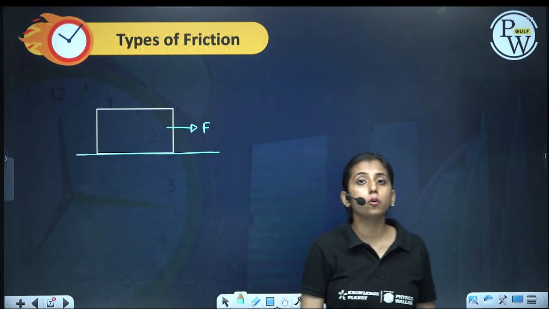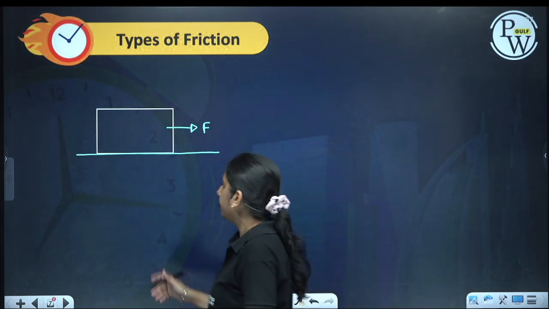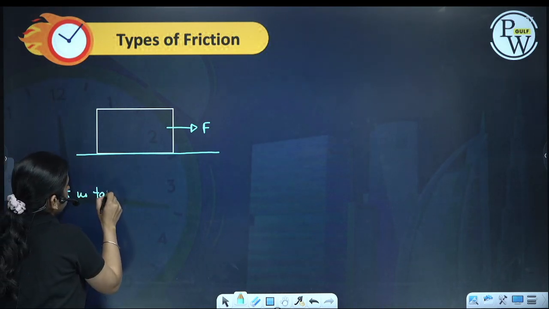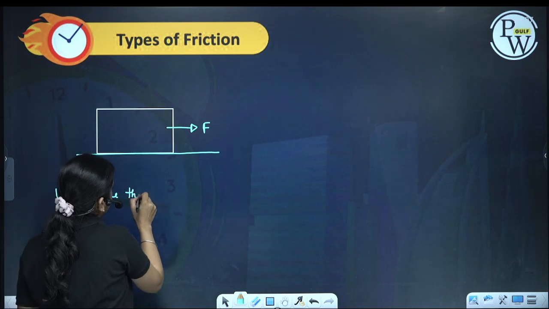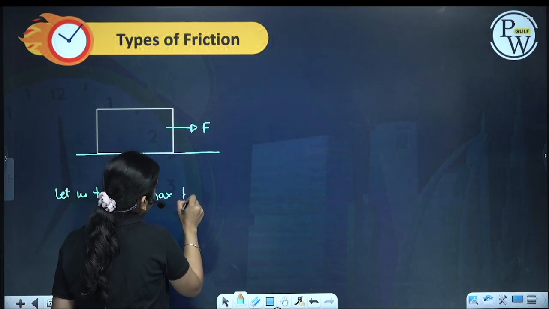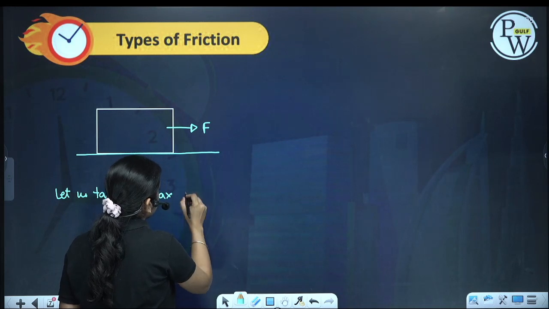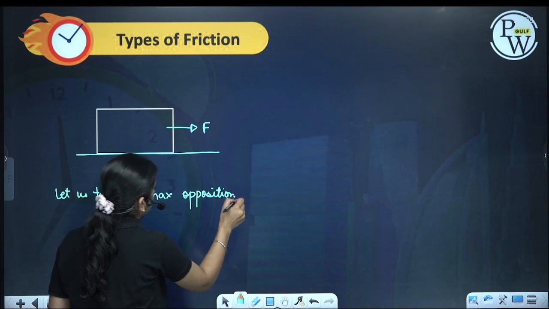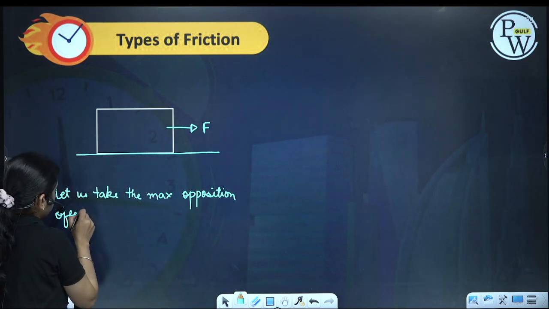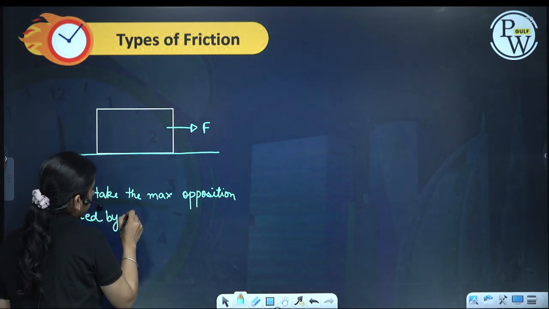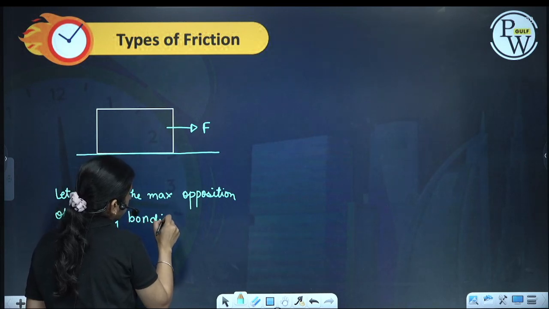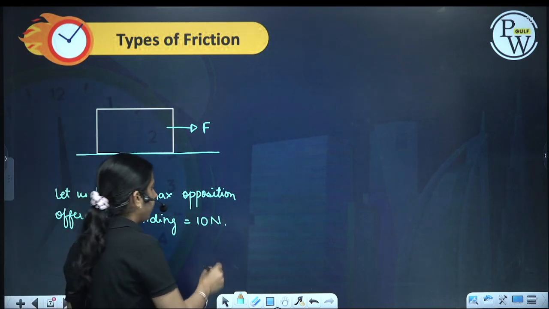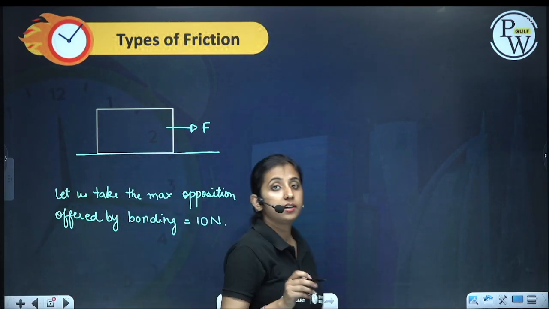Let us take that the maximum opposition offered by the bonding is equal to 10 Newton. Let us take that the maximum opposition bond can offer is 10 Newton.